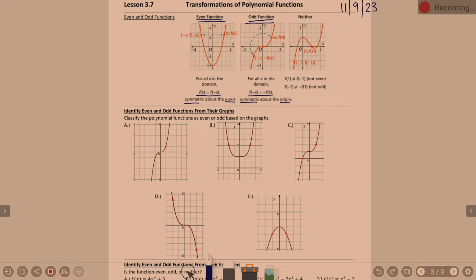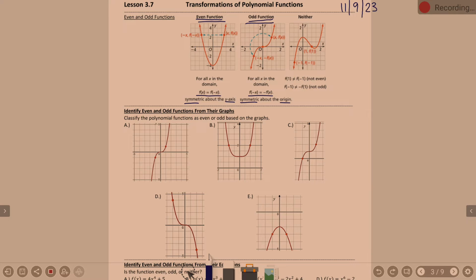Okay, and here's the deal. It's definitely not even. I can't fold the y-axis in half and get one half landing on the other half. So it's definitely not even. Can I rotate this 180 and it'd be the same? Yeah, if I rotate it upside down, it's going to be the same. Or I always think of it as quadrants.